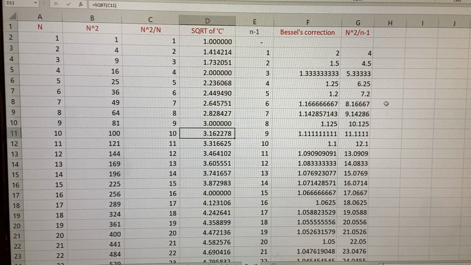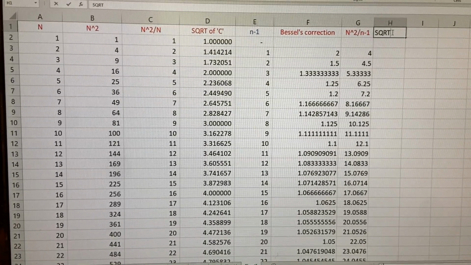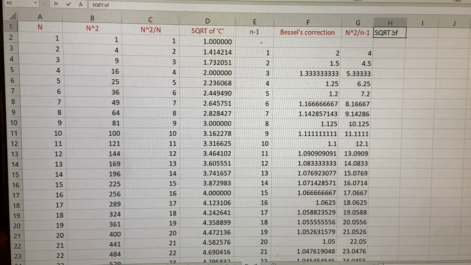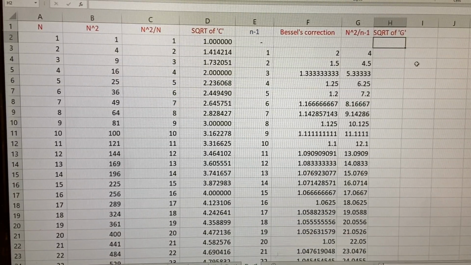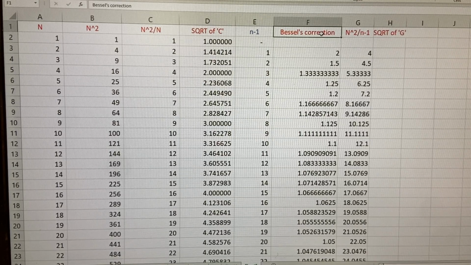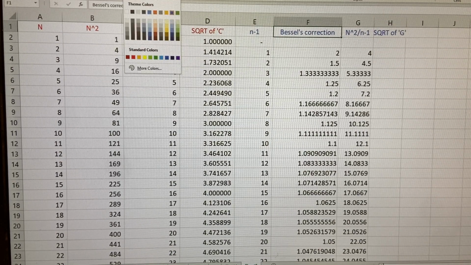Now we need to do the same over here. We need the standard deviation of the SQRT on column G, and maybe make these consistently blue, except this one, which is Bessel's correction.